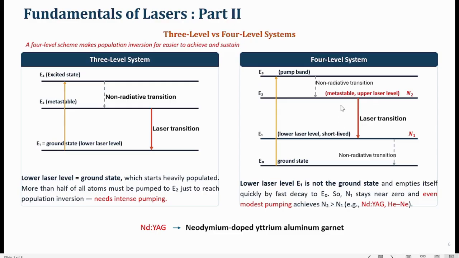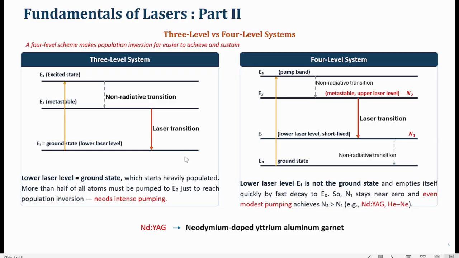And then this N1 is basically an excited state which is short-lived. Short-lived means whenever there are atoms here, these atoms will stay only for 10 raised to the power minus 8 seconds, and then they will jump to the ground state through non-radiative transitions. So effectively N1 is very small because this state is continuously emptying itself, since it is not the ground state, whereas in the 3-level case it was the ground state.